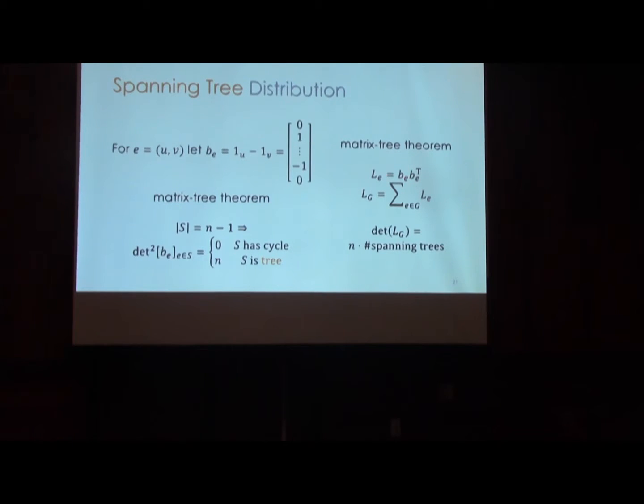If you take these vectors' e e transposes, these are the matrices that you have to plug into the previous determinantal formula to get the generating polynomial. In particular, the matrix tree theorem asserts that if you take a Laplacian of a graph and compute its determinant in the way that I described, it's going to be n times the number of spanning trees, which is what you get if you plug in 1 to the generating polynomial.